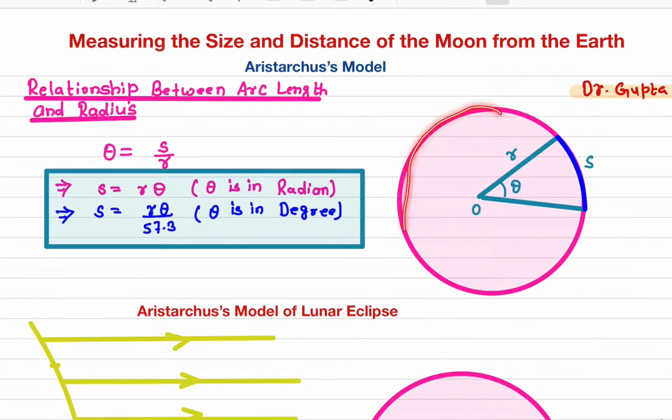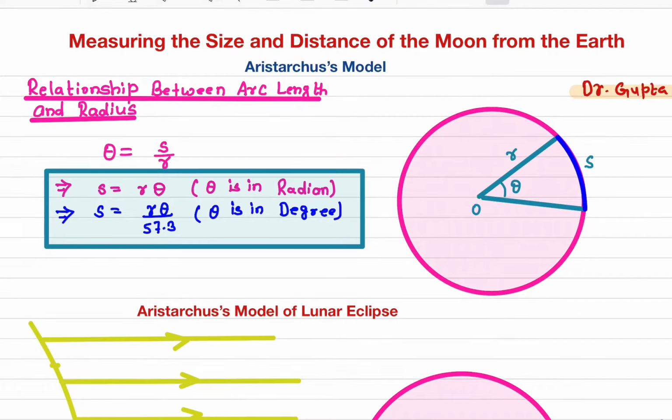So let us consider we have a circle here, and this is the arc. R is the radius of the circle, and theta is the angle made by this arc onto the center of the circle.